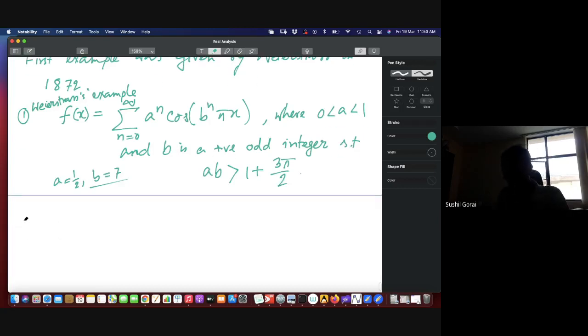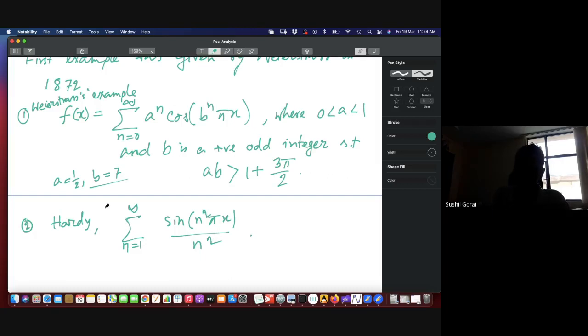Then later on, people have constructed different examples. So what example I'm going to give is actually by Rudin. So maybe let me mention one similar type of example by Hardy. This is summation n equal to 1 to infinity sine n square pi x by n square.